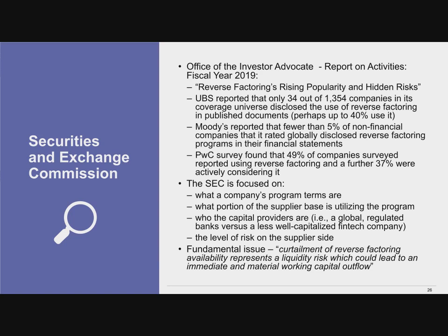In that report, the SEC highlighted that UBS, for example, had reported that only 34 out of 1,354 companies in its coverage universe disclosed the use of reverse factoring in published documents, in other words, their accounts and annual reports. But they also suggested that up to 40% use it.